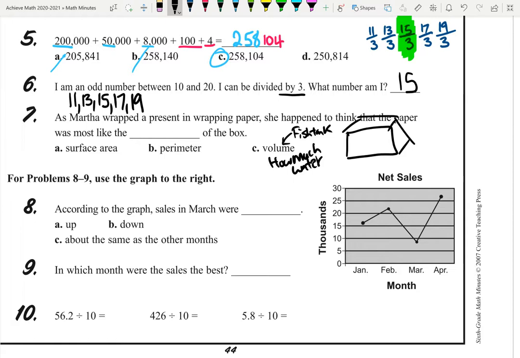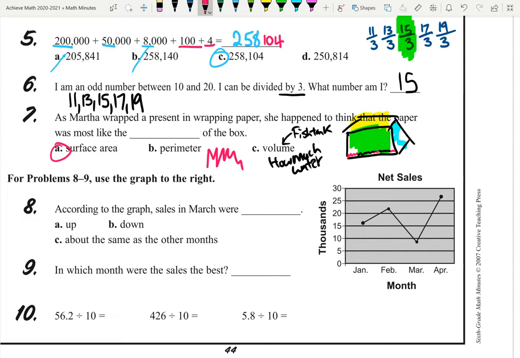Now, perimeter is a 2D construct. That means like a fence. So, that would be kind of like right over here. I built a little fence on the side of the fish tank. Surface area is going to be the area of each of the sides. So that side, and all of the sides. Wrapping paper covers all of the sides.